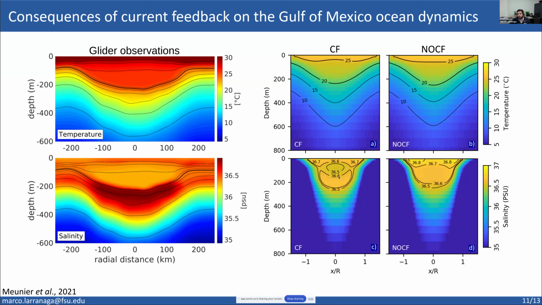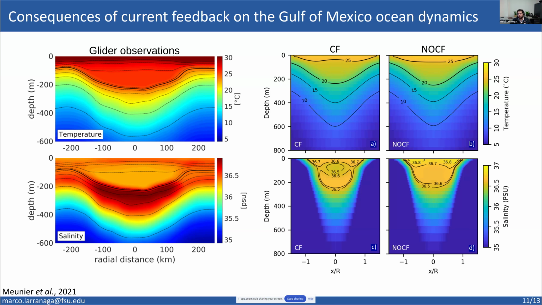But in the no current feedback experiment, for example, looking at the 25 isotherm, we see that at the middle of the eddy it goes deeper than in the current feedback experiment, which means that those eddies in the no current feedback experiment are going to have a larger heat content.